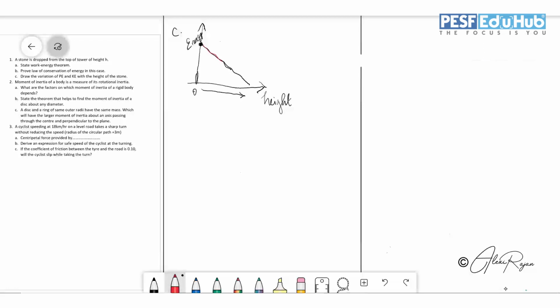And in the case of kinetic energy, at a maximum height, your kinetic energy is 0 or minimum, and on decreasing the height, you will get a maximum kinetic energy.